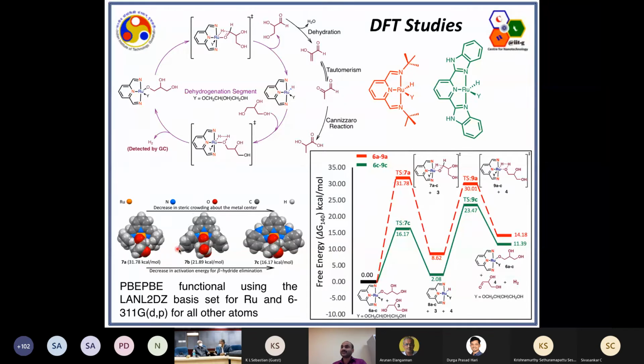But then sterically, the reaction is also more favorable. In the transition state, the t-butyl catalyst is much more crowded compared to the bis-benzimidazole catalyst. So all these factors work in favor of the bis-benzimidazole catalyst giving good yields of lactic acid.